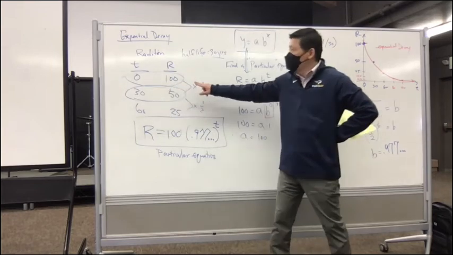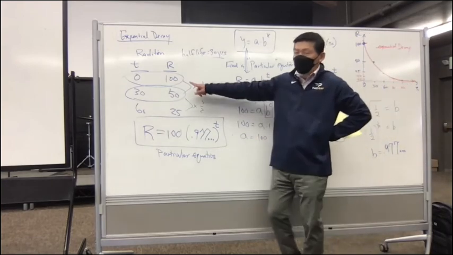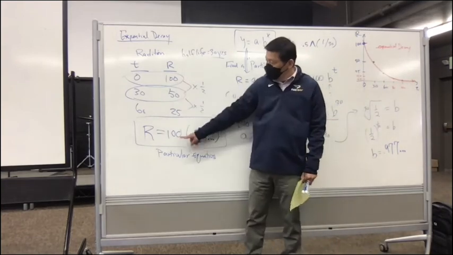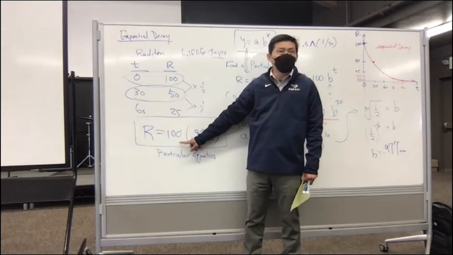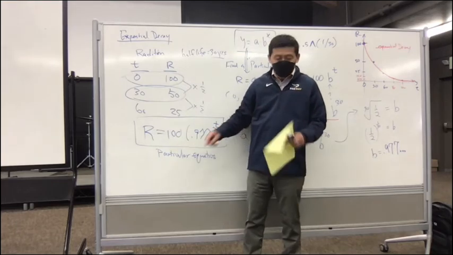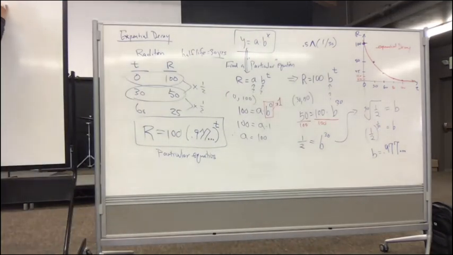Whatever the starting point is, it turns out that number ends up right here, and that number turns out to be the A. So oftentimes, when you have y is equal to a times b to the x, this A we usually call an initial condition or initial value.